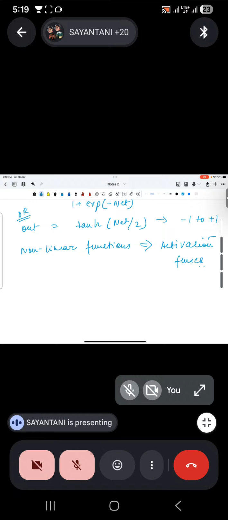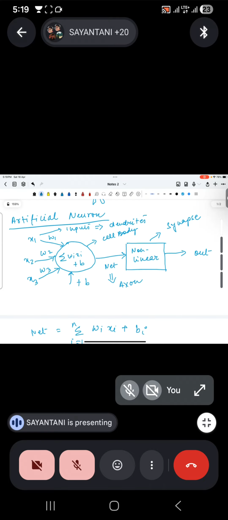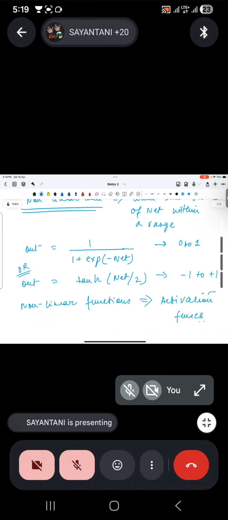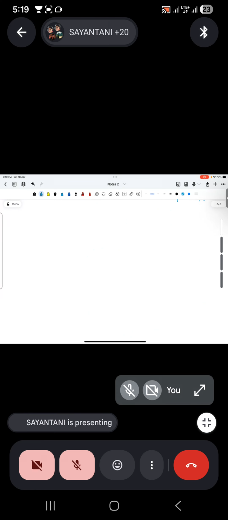Now, this is the structure of an artificial neuron, or it is referred to as a perceptron. Now, as an example, I'm going to show you how I can use a perceptron to categorize between two class labels.